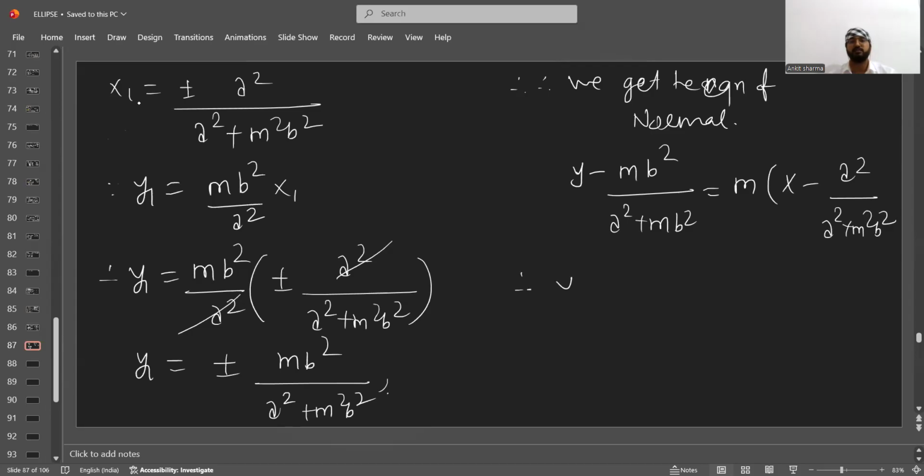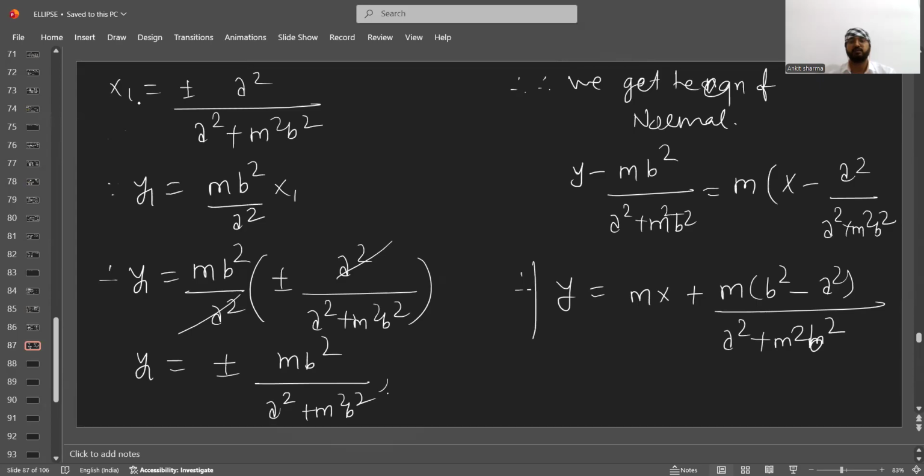So this implies I get y is equal to mx, and this term I'll transfer to this side, so I'll have plus m common, then b square minus a square over the square root of a square plus m square b square. So this is the equation of normal.